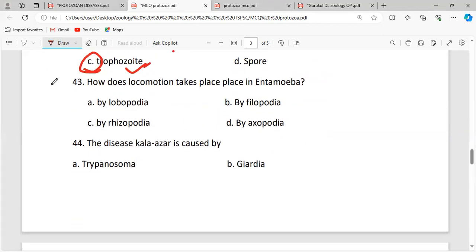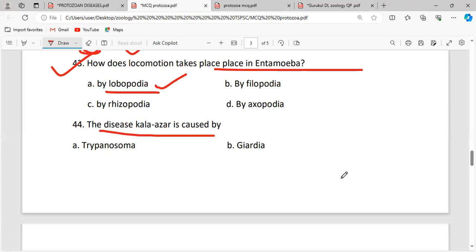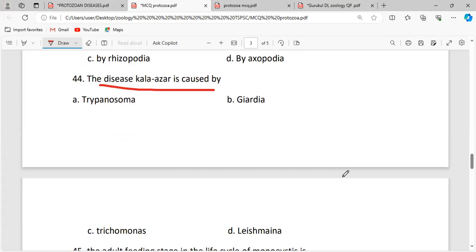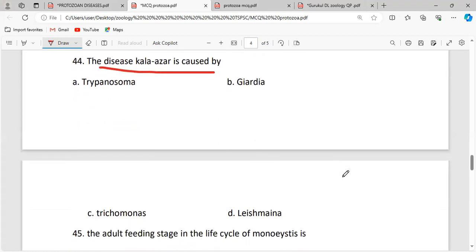How does locomotion take place in Entamoeba? What is the locomotory organelle of Entamoeba histolytica? Any guesses? Very good. Lobopodia. Next, the disease Kala Azar is caused by Trypanosoma, Giardia, Trichomonas, or Leishmania.